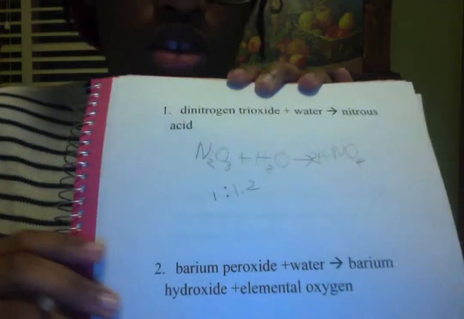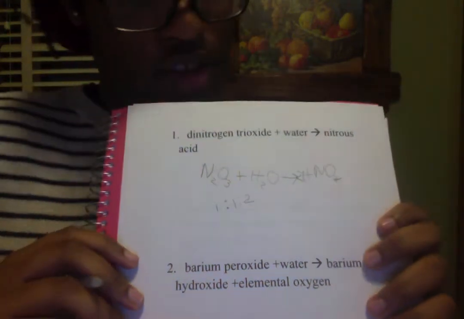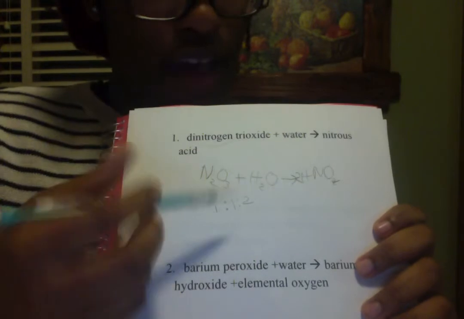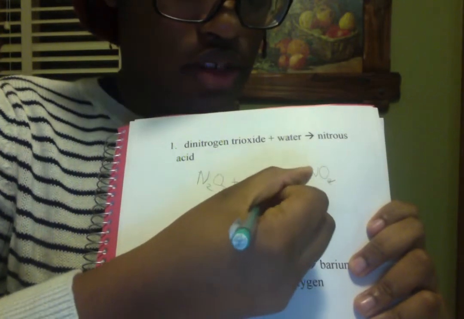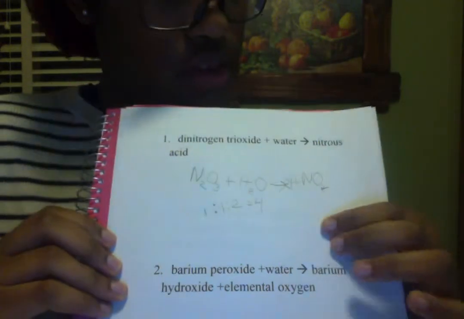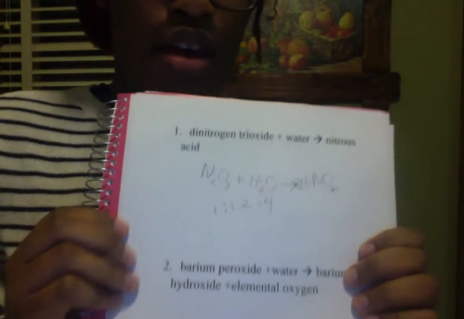And that's your ratio of coefficients. Then you add those together to get the sum of coefficients, which is going to be a 4, the sum of all the coefficients. So now we did that, we're moving on to the second one.